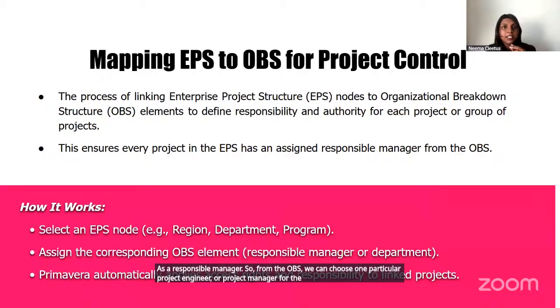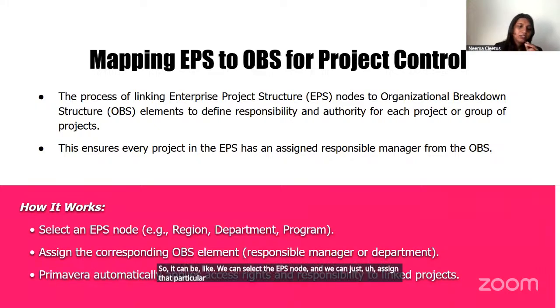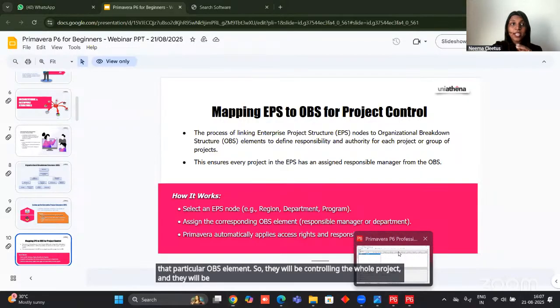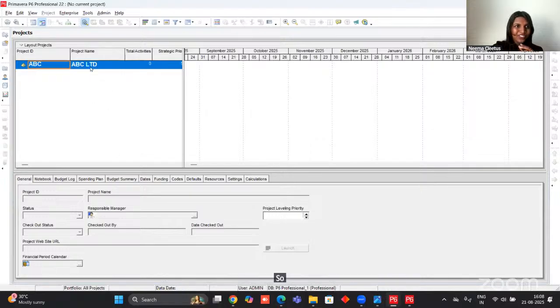That means this particular OBS will be responsible for the whole project. So we can select the EPS node and assign that particular OBS element. So they will be controlling the whole project and they will be responsible for anything that is happening in this particular project.